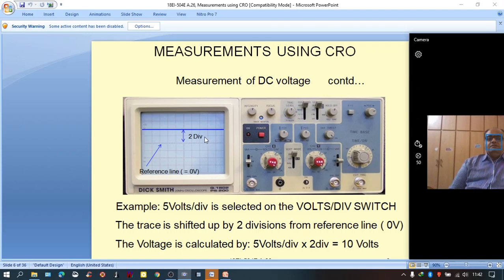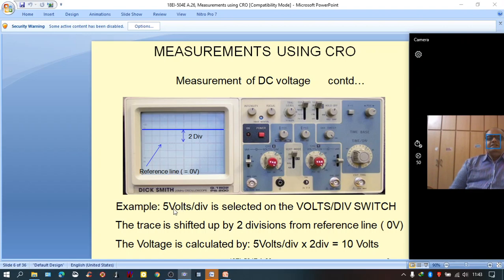So this straight line is appearing here with the vertical amplifier switch placed in 5 volts per division position. With that position, the display of the screen is changed from the center to 2 divisions up.